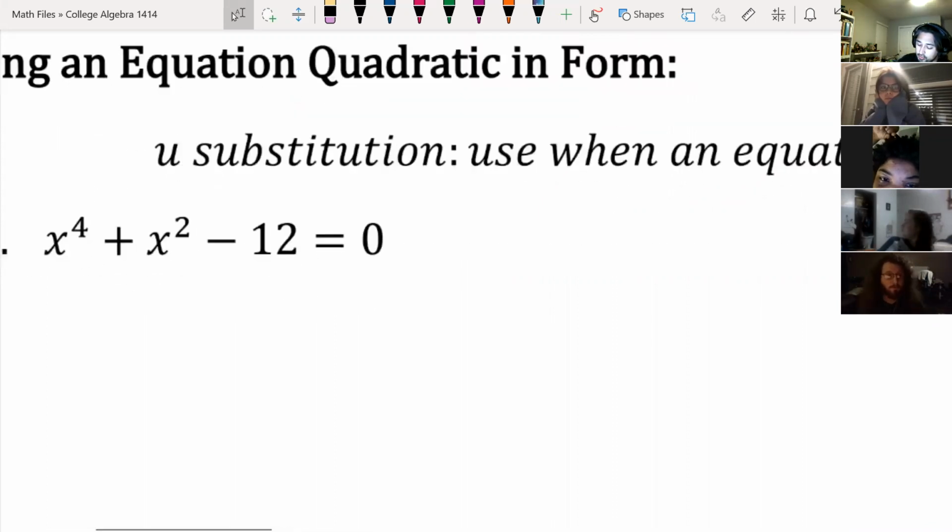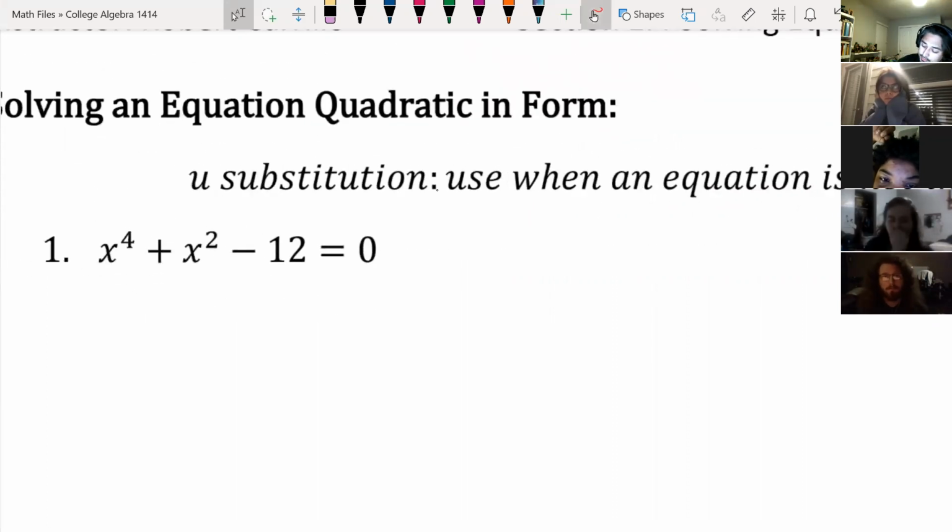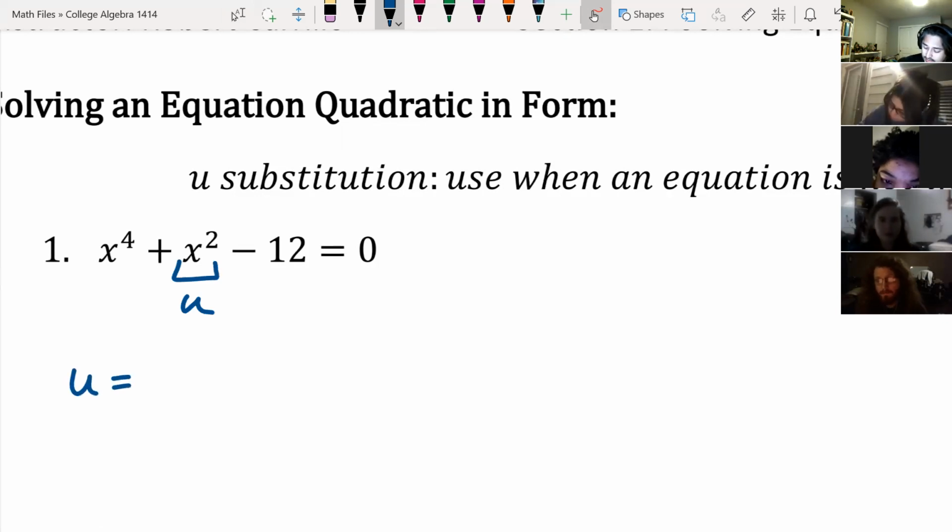The way to use U substitution is you will always substitute for the middle term's variable and power. So if the leading term is x to the 4th, the middle term is x squared, and this is what we're going to make U. So U is going to be x squared.